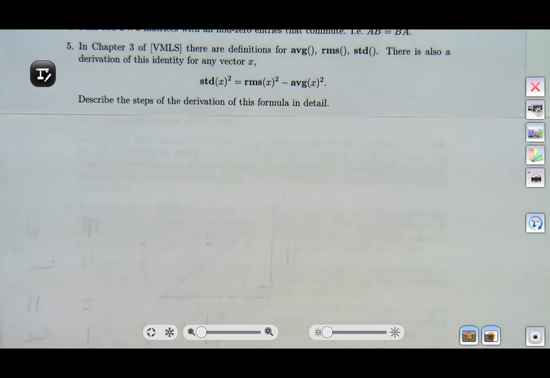And then the question here is to describe the steps of the derivation of this formula in detail. So I happen to have the steps of that formula, but also I have the definitions of those functions themselves. So I'll pull that out for you.